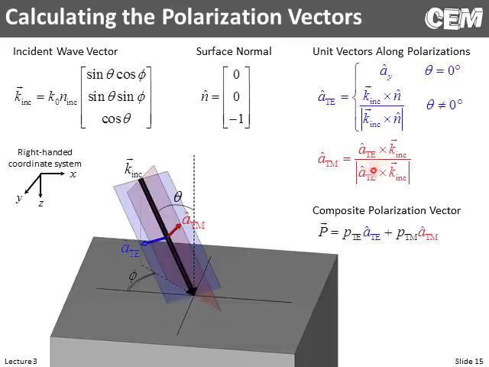So now we have unit vectors in the TE and TM direction. Our final equation here, the composite polarization vector, is whatever amplitude we choose for the TE polarization times that unit vector, plus whatever amplitude we have for the TM polarization times that unit vector. Whatever P ends up being, that's the composite polarization vector. We can do linear with it, we can do circular, elliptical, whatever there is.